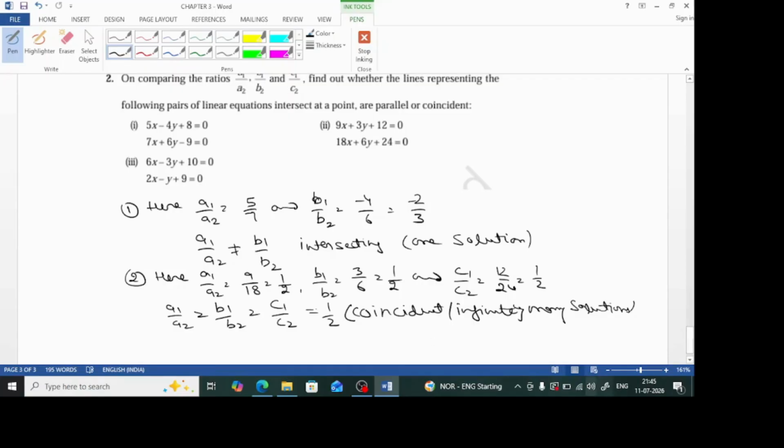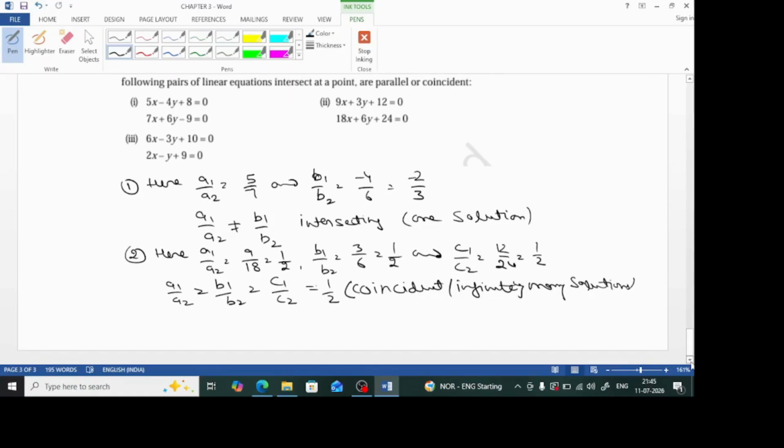Third part, we see the third part. Here a1 upon a2 is equal to 6 by 2, it means 3 by 1. b1 upon b2 is equal to minus 3 by minus 1, it means 3 by 1, and c1 upon c2 is equal to 10 by 9.